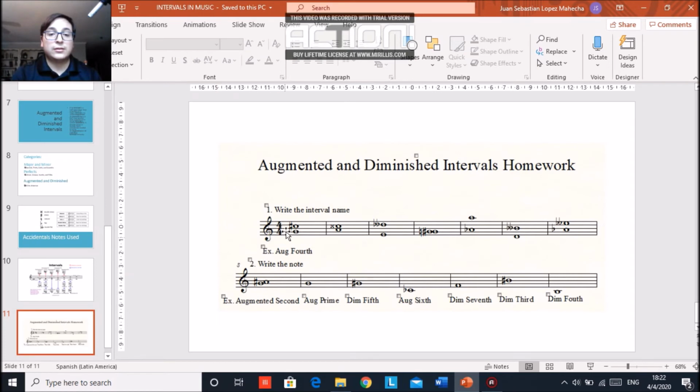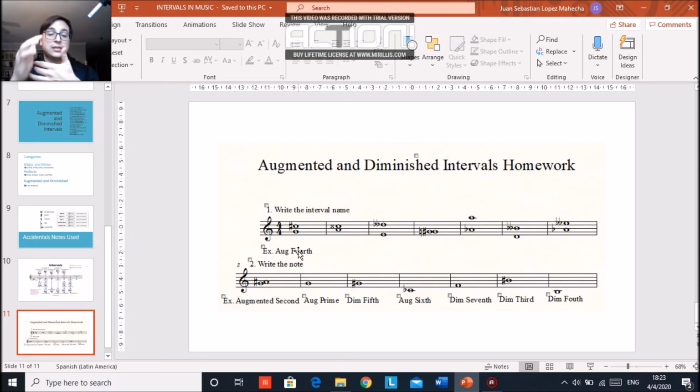Okay, write the interval name. It's going to be the first homework. Let's analyze the example. In this case, first you will get just the notes. The first note is a G, and the second note is a C sharp.